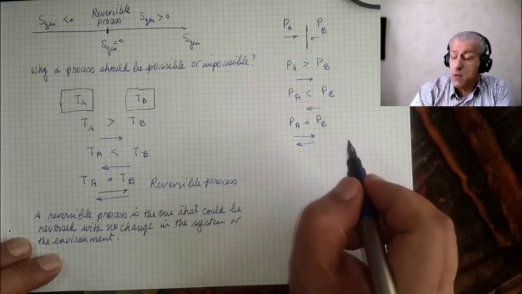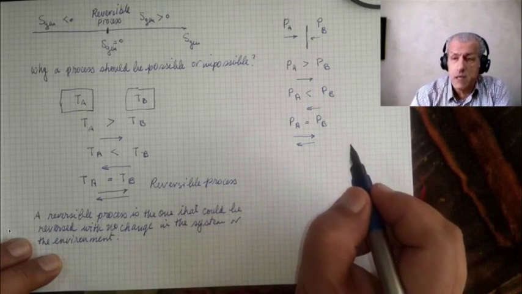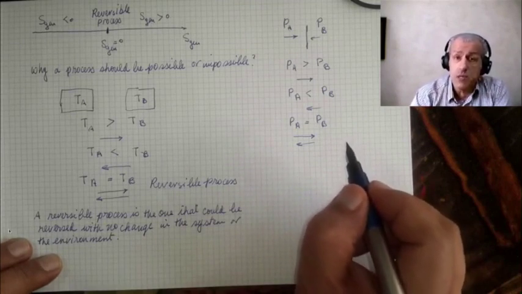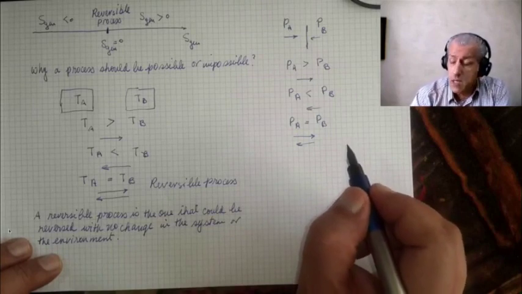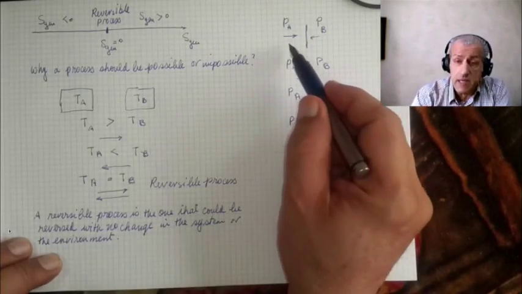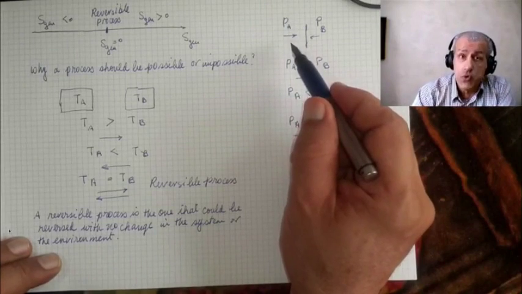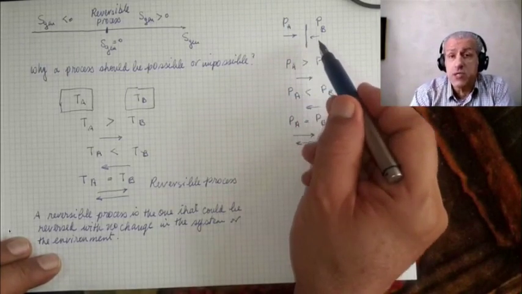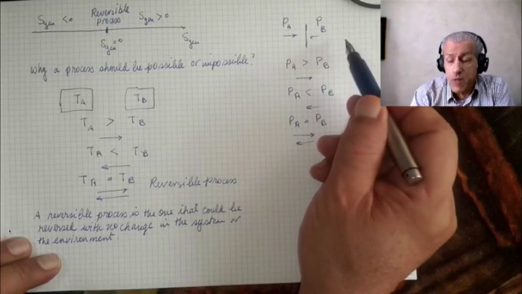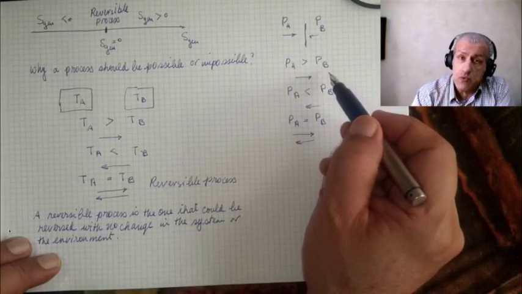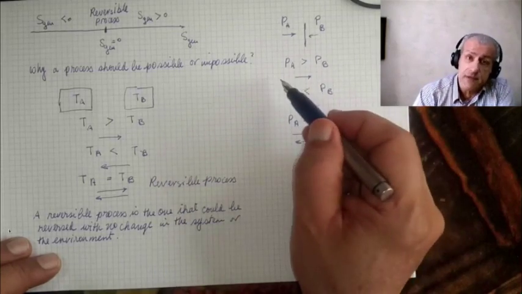So this would be a reversible process. It's a process with minimum incentive to be possible. You see, the larger PA is, the stronger would be the force to move this partition to the right. The larger the PB would be, the stronger would be the force to move this partition to the left.